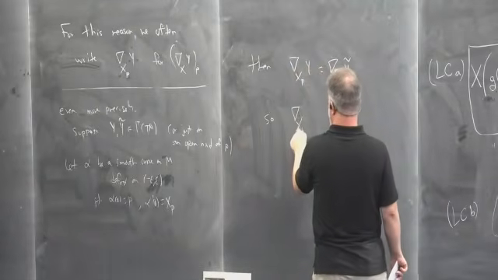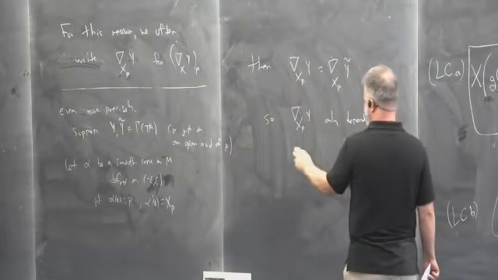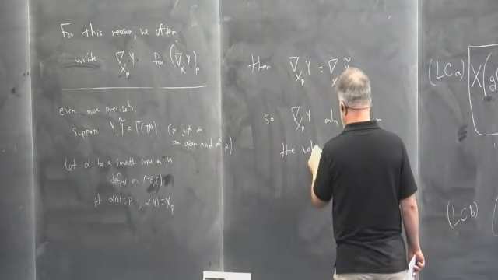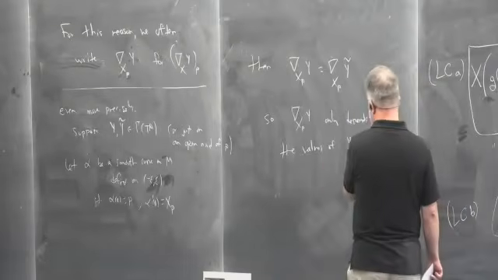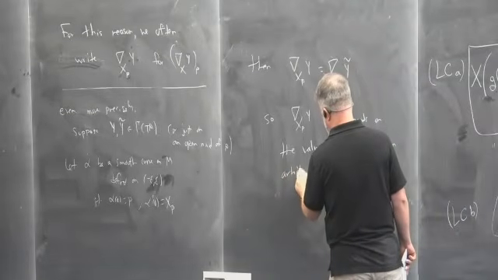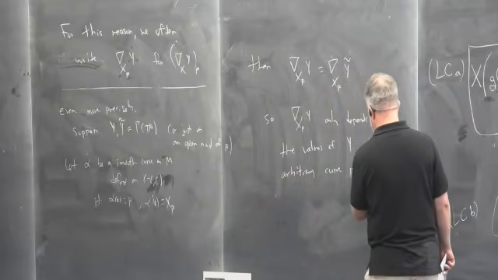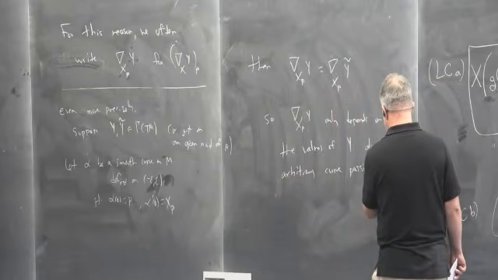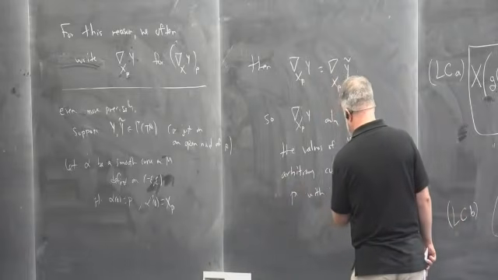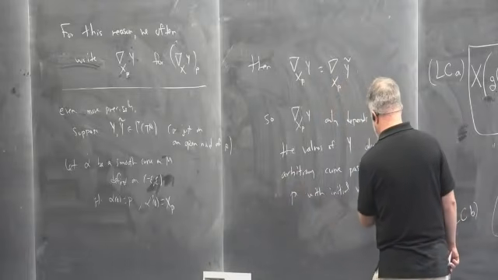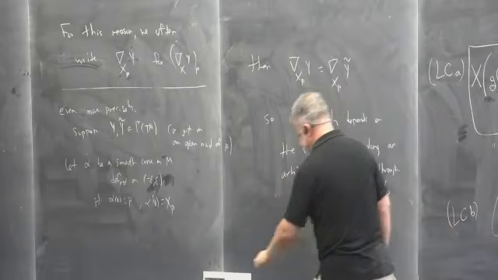So nabla XP of Y only depends on the values of Y along an arbitrary curve passing through P with initial velocity XP. Again, you can see Lee for a proof of this.